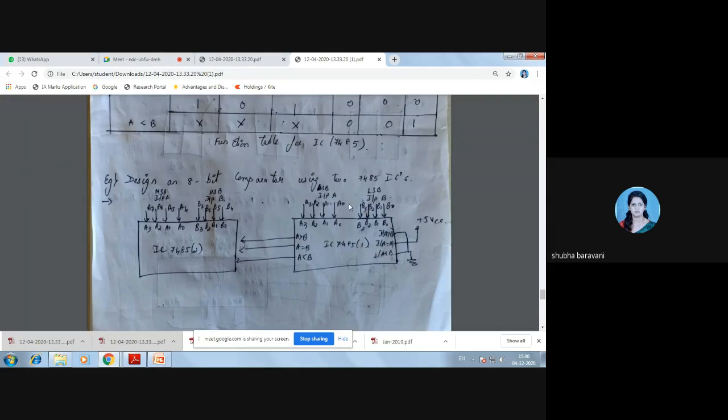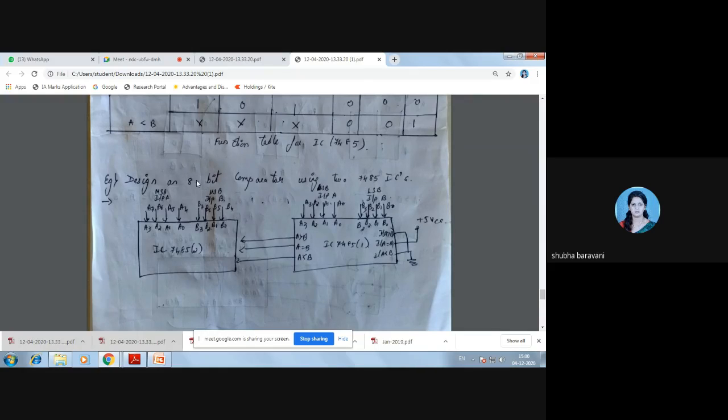A0 to A3 and B0 to B3, the LSBs of inputs A and B, are given to the first IC, and B4 to B7, the MSBs of B, are given to the second IC.